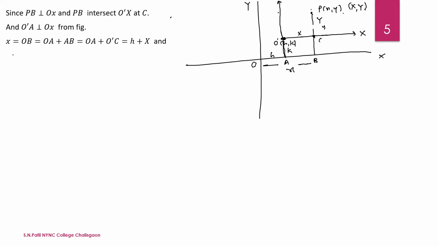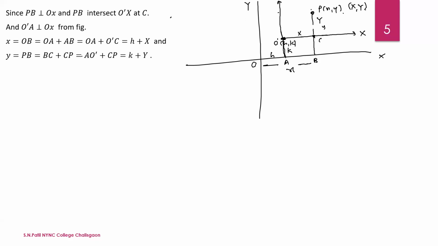Then y is equal to PB, which is parallel to OA. Now PB can be written as BC plus CP.